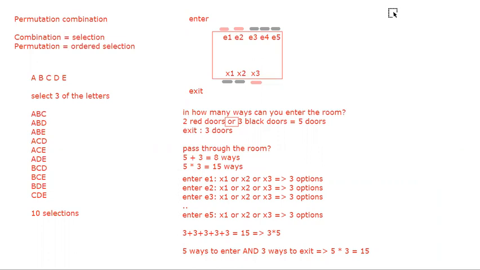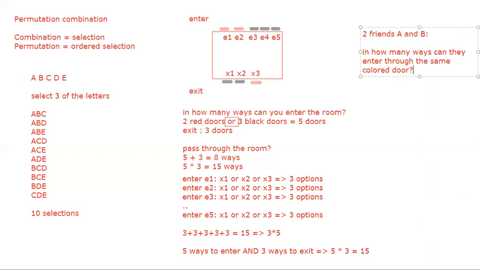So now, continuing with this diagram only, with this entry exit thing, if I just say that there are 2 friends now, 2 friends A and B. Now, in how many ways can they enter through the same colored door?